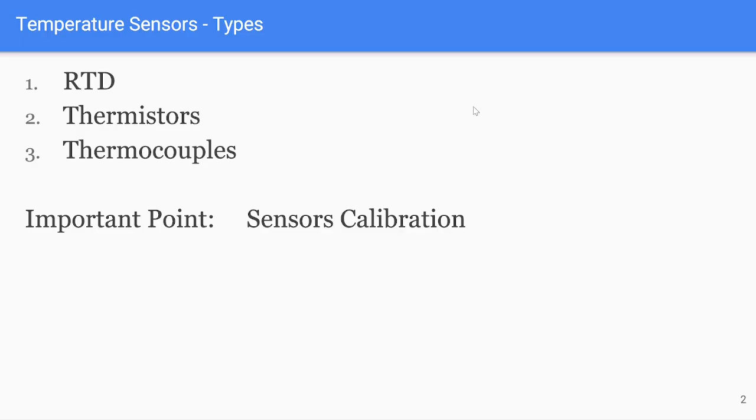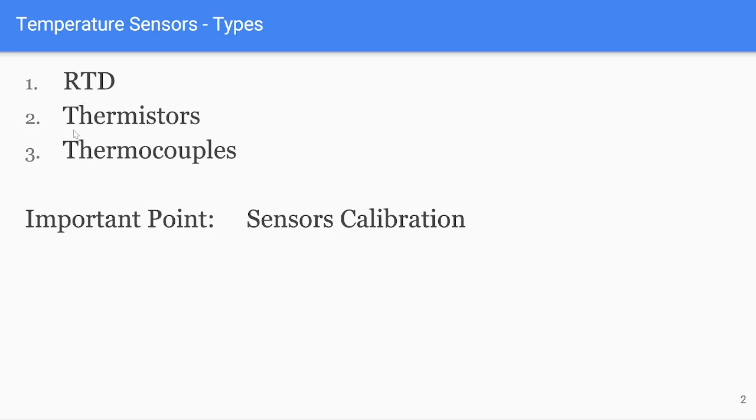So there are three types of temperature sensors, and one is RTD. RTD is very easy: R for resistance, T for temperature, and D for detectors. These types of sensors have their resistance varying with temperature, and that's how we detect the temperature. And we will learn how we do that.